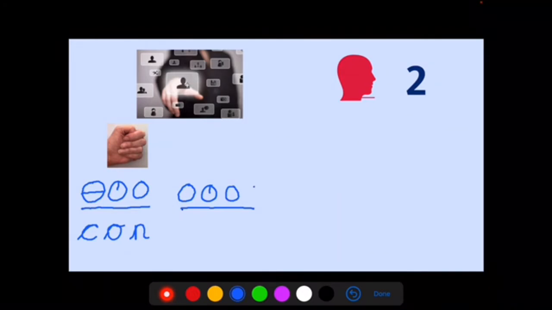So that's K and T. And I don't have to worry about this K as a spelling choice because it's in that blend. Kt.